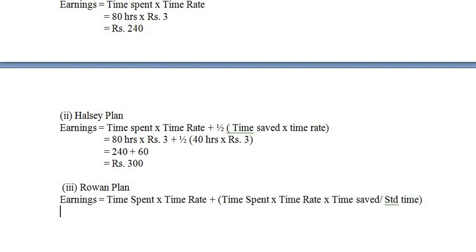Earnings equals time spent into time rate plus time spent into time rate into time saved divided by standard time. Right? Okay. Now put the information. Time spent is 80 hours.